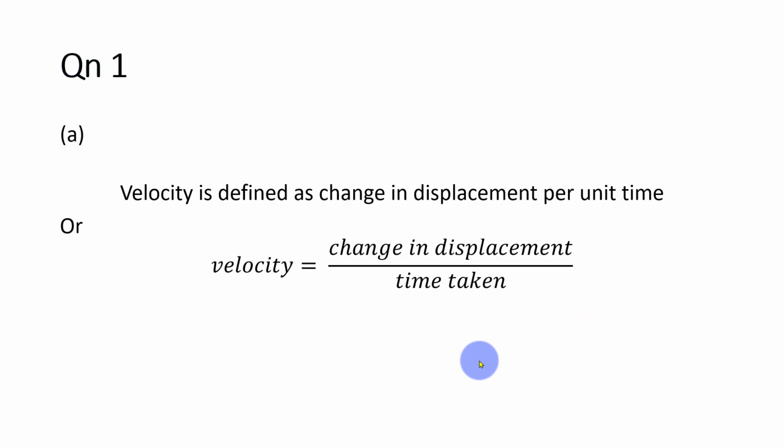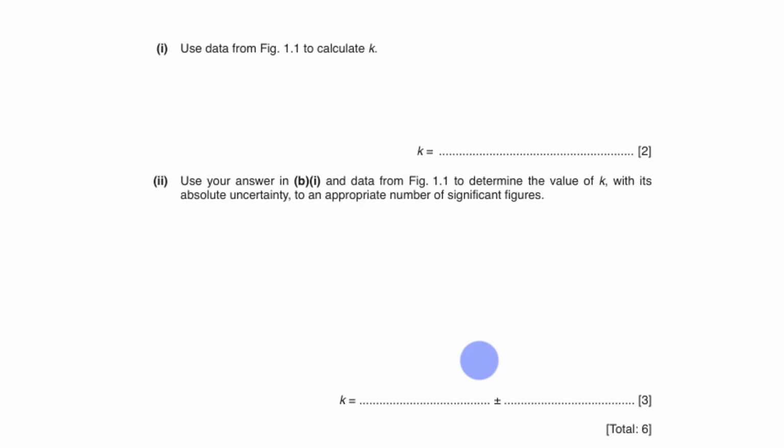So this is the exact way in which k must be written down, because if you look at the question, let's look at this question here. We were told, use your answer in B part 1 and data from that figure to determine the value of k with its absolute uncertainty to an appropriate number of significant figures.